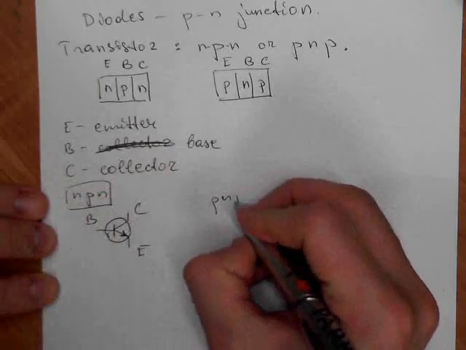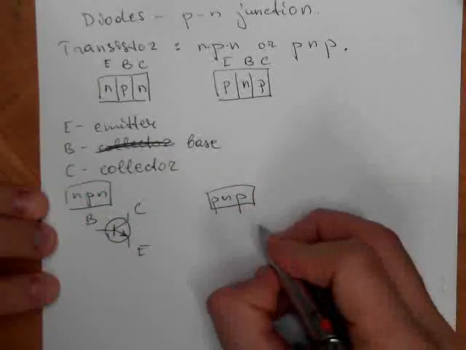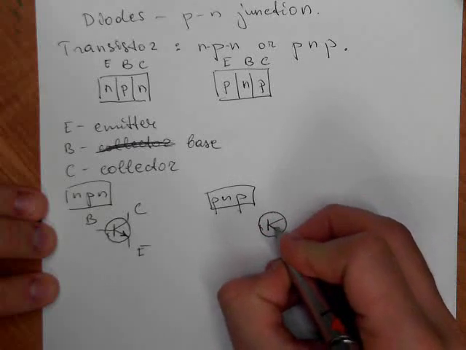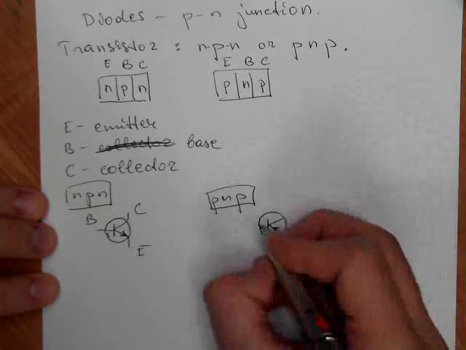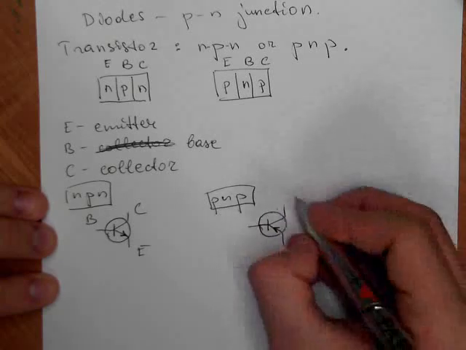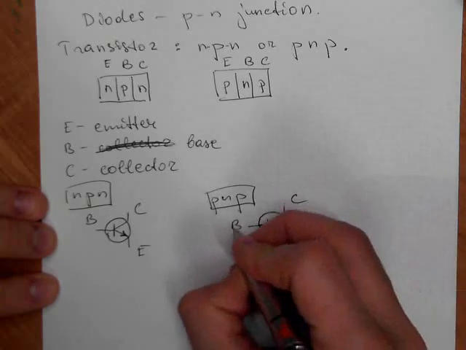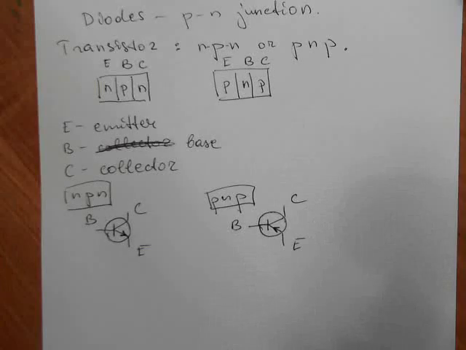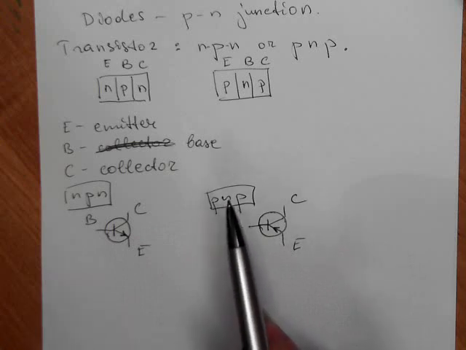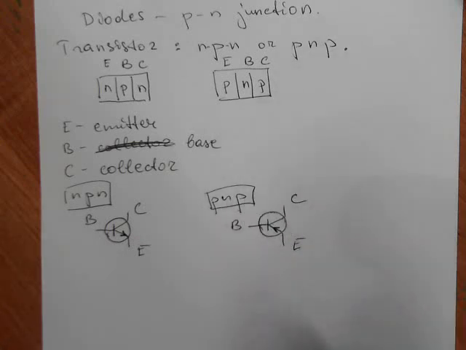And there is also a PNP transistor. It is the same, but the arrow is pointing inwards. This is regarding the direction of the current flowing. We will see this later. Every transistor has three terminals: emitter, base and collector.